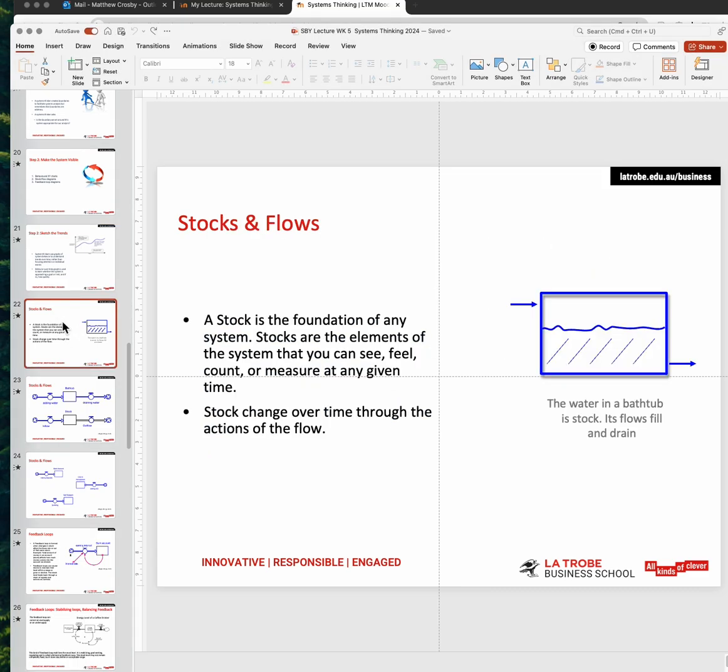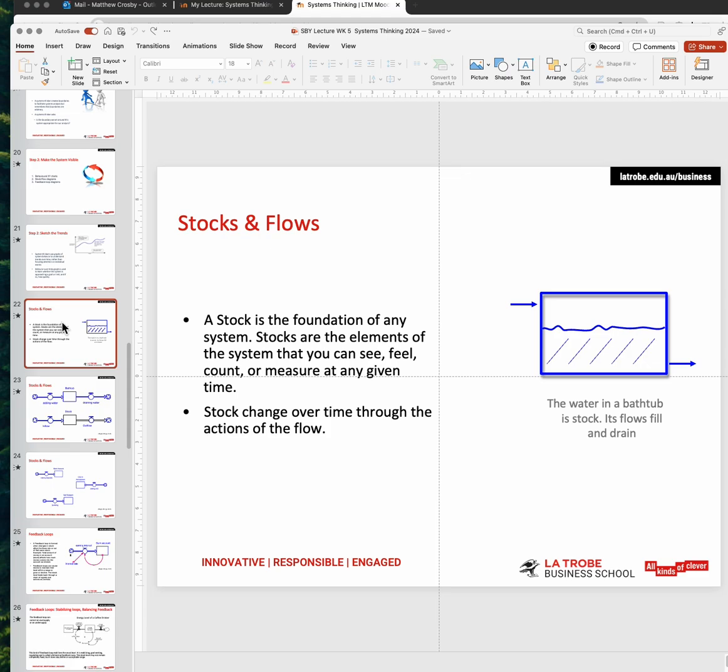But another way to present data is to think about the idea of stocks, stock and flow. When you consider anything that you've named as a variable in a system, it could be the trash that you take out. It could be how often, it could be the tram that runs so many times a day.